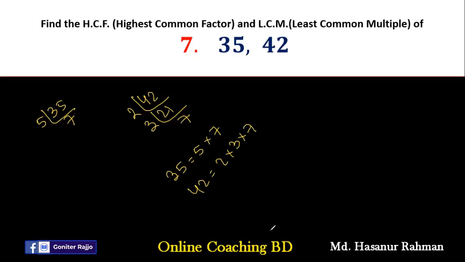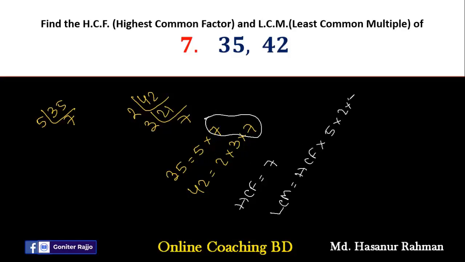Now look at this. What will be our HCF? Here, both in 35 and 42, 7 is common. So 7 is our HCF. And what will be our LCM? LCM should be the HCF, that is this part, multiplied by the rest of the numbers. Rest of the numbers means 5 multiplied by 2 multiplied by 3.